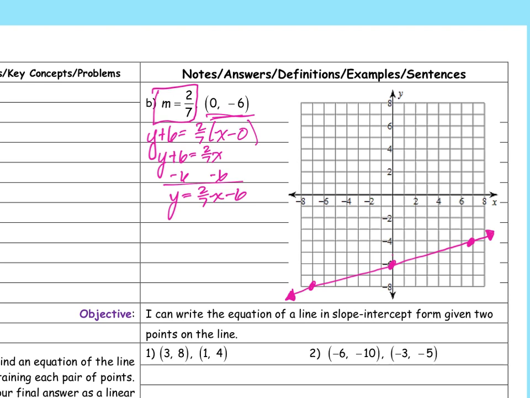Is it the graphing part you're lost on, or is it writing the equation part that you're lost on? Just so I kind of know where you're at. The beginning equation or converting it. So starting from the very, very beginning, or solving for y, I guess I should say.